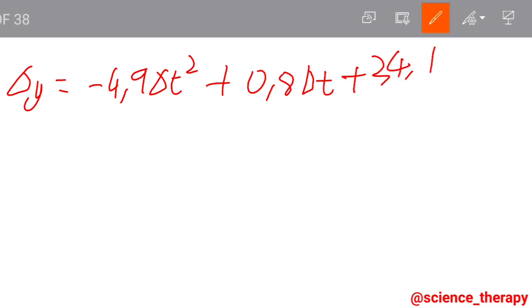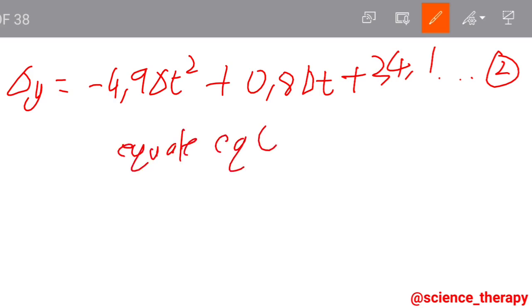So we can just go ahead and name this equation 2, right? Now that we have equation 1 and equation 2 and they are all expressed in the subject of the formula delta Y, we can say let's now equate equation 1 and equation 2.